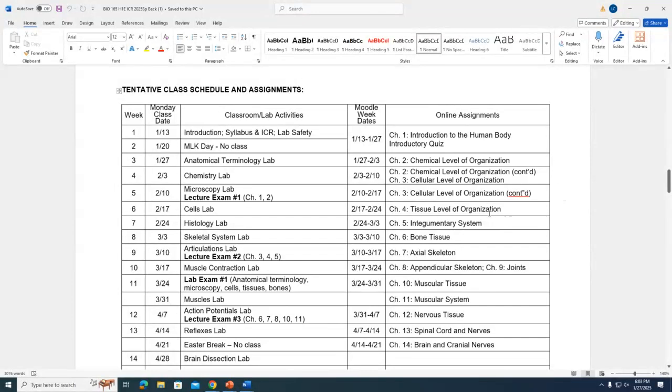So on the schedule it says anatomical terminology lab. I gave a handout last time, and so we can go over that and make sure you got those answers okay.